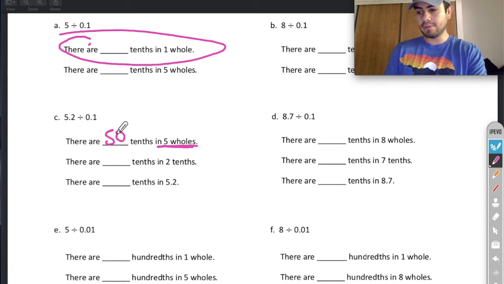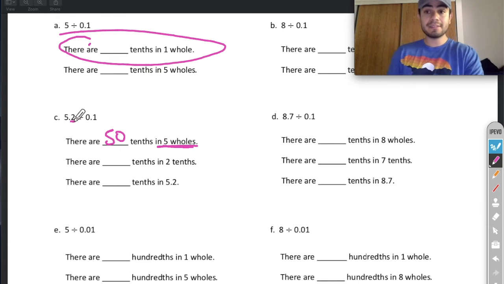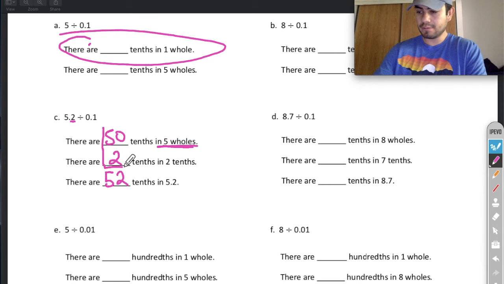Now it wants to know how many tenths there are in these 2 tenths. Well, that 2 is already in the tenths place value. So you have 2 tenths. So that means that in total, there are 52 tenths.